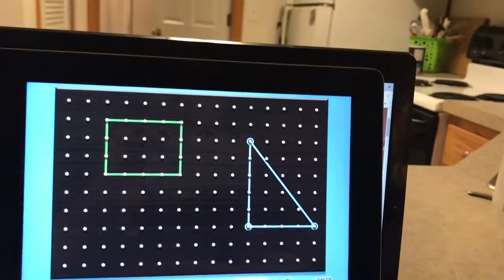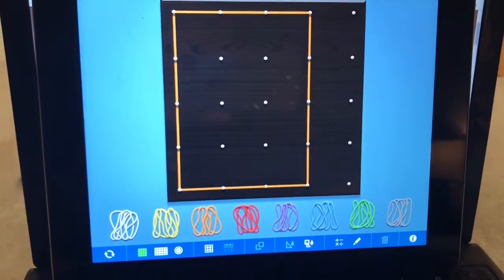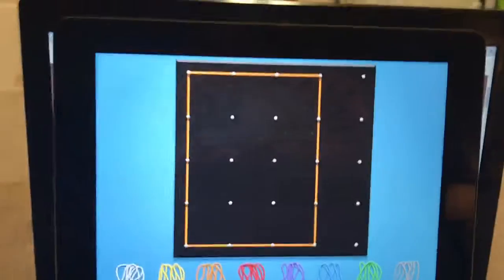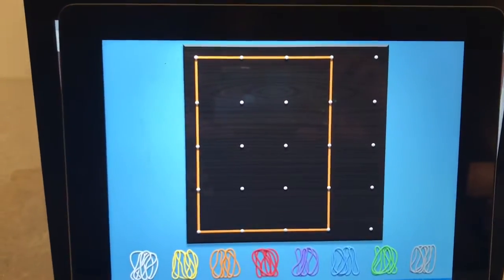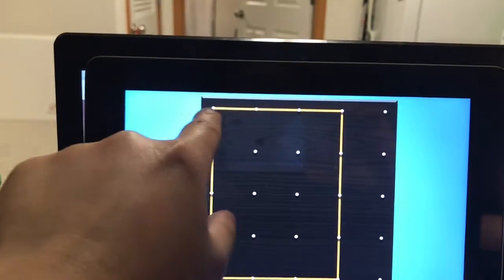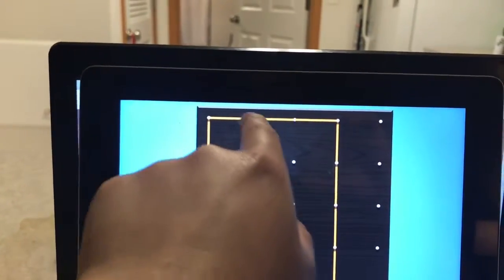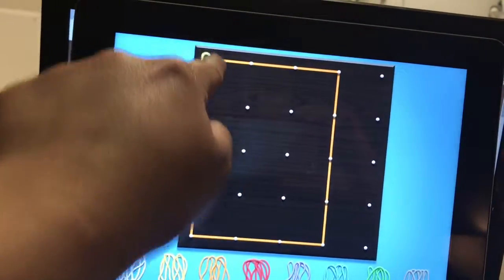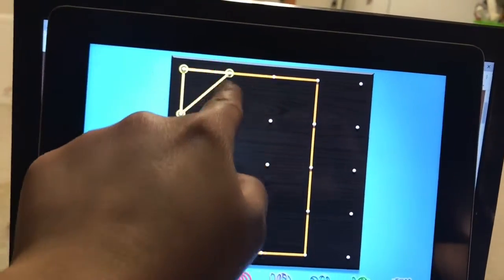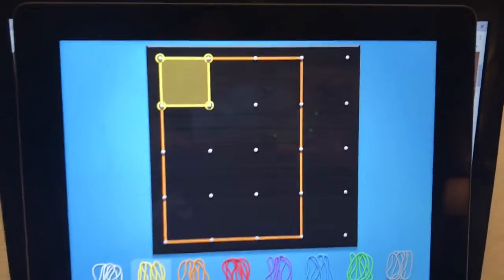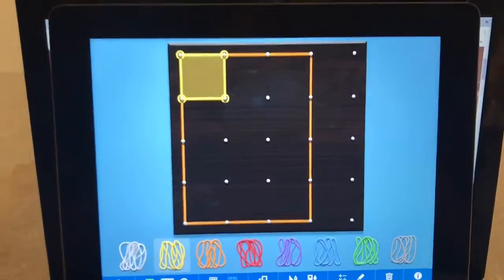Another idea I had for area would be if you could have your students visualize or just think in terms of each square on the board. So like right here, this square, one square would be 1 inch, 1 square inch.